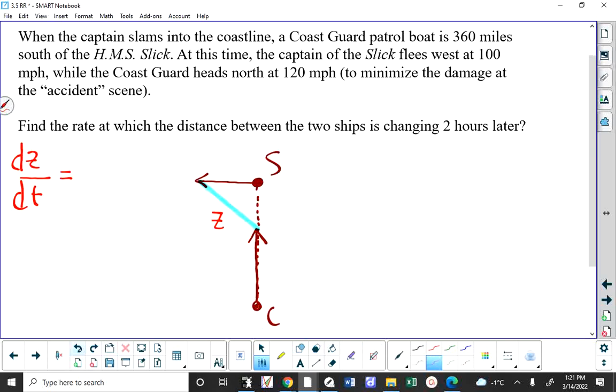We have two other variables here. This variable, which is only the length of that arrow, I'm going to call Y. And I want everybody to read the question carefully. Look at my diagram.